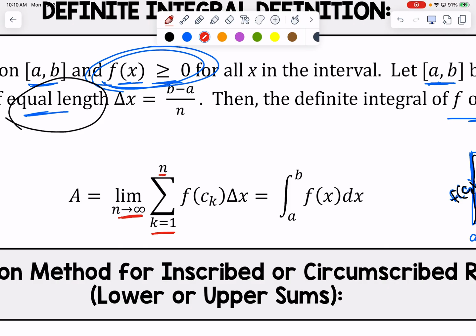We're doing an infinite number of rectangles. And what's the difference between doing a finite and infinite? Infinite gives you the exact area under the curve. That's right. So if you did Riemann sum, left endpoint, right endpoint, midpoint, and you did a number of rectangles approaching infinity, now you're getting the actual area under the curve.